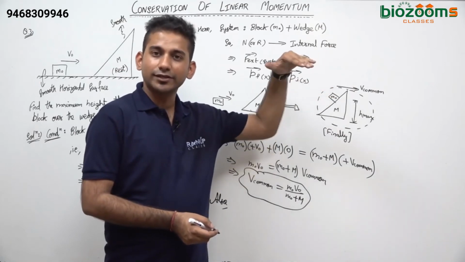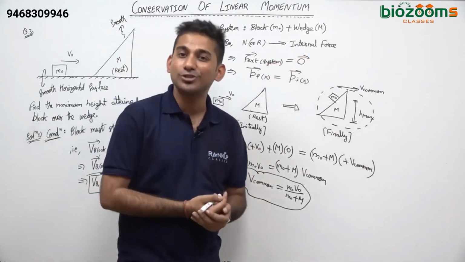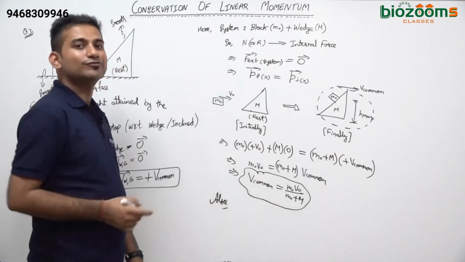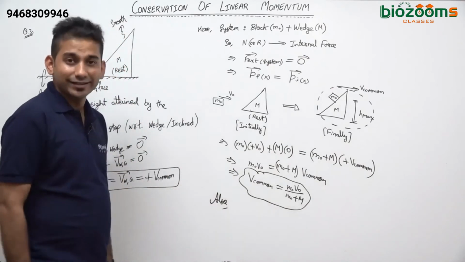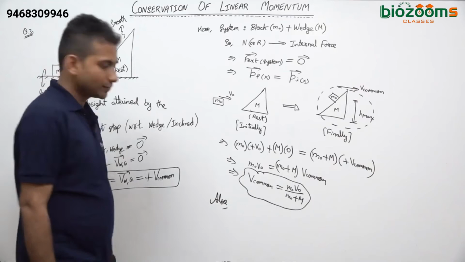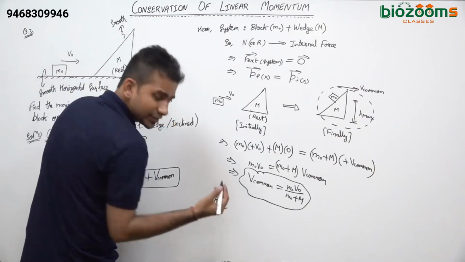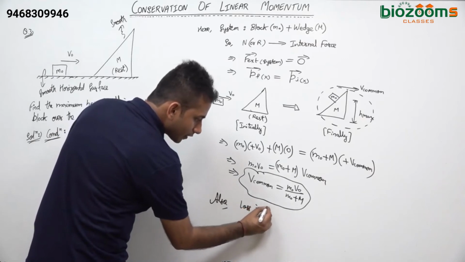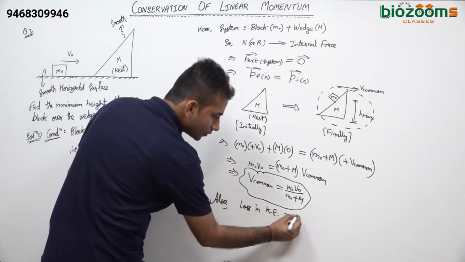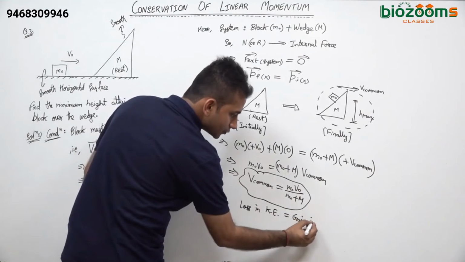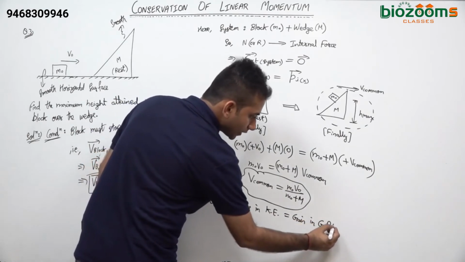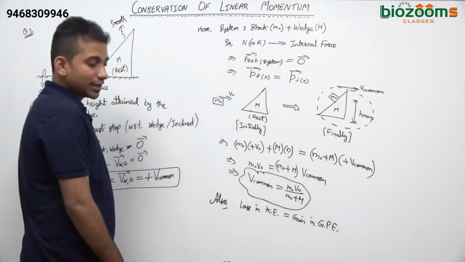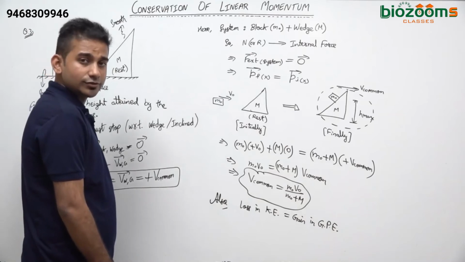Height is getting attained. So there will be an increment in GPE. So definitely the other form of mechanical energy, the kinetic energy, is going to be lost, right? So it is going to be decreased. So we will say loss in kinetic energy must be equal to gain in GPE, gravitational potential energy.